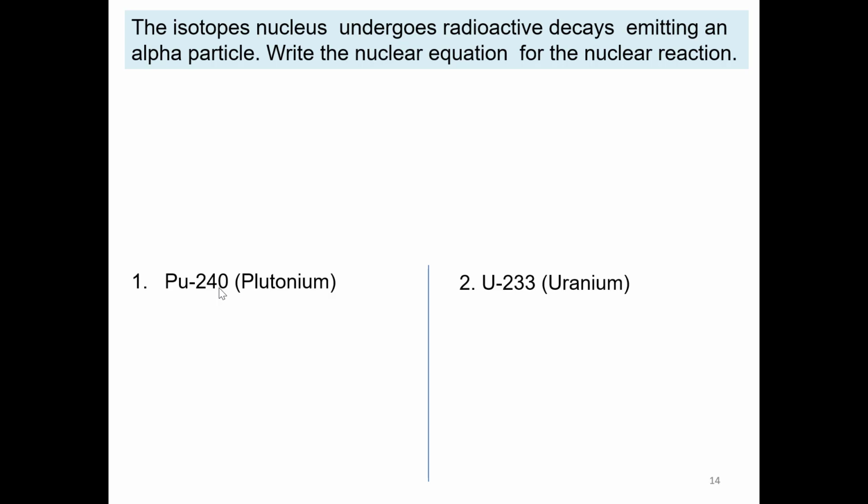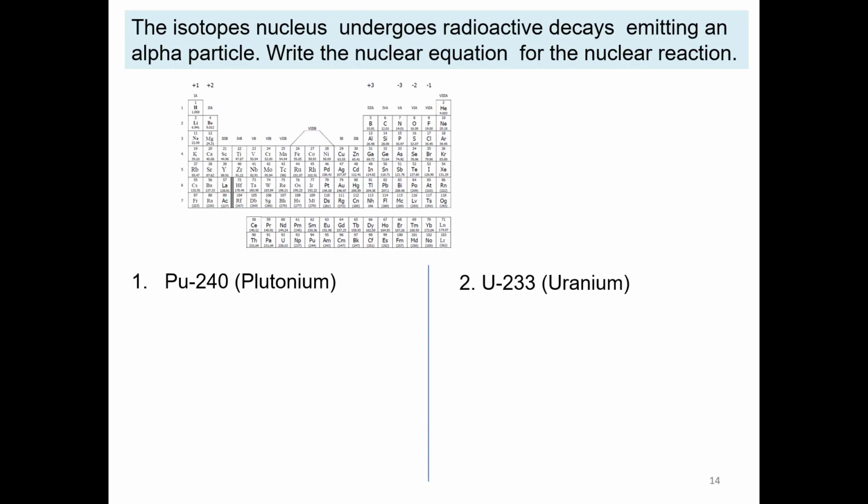To do that, we need to know the atomic number, and for that we need to use the periodic table. The atomic number for plutonium is 94.